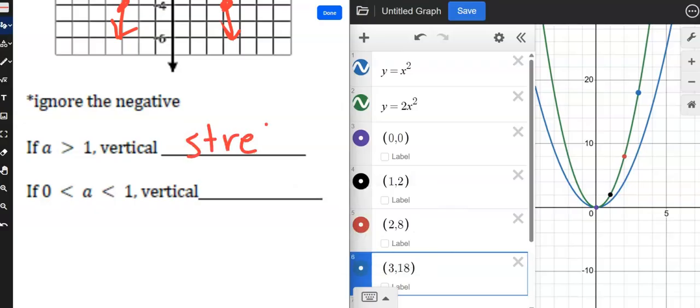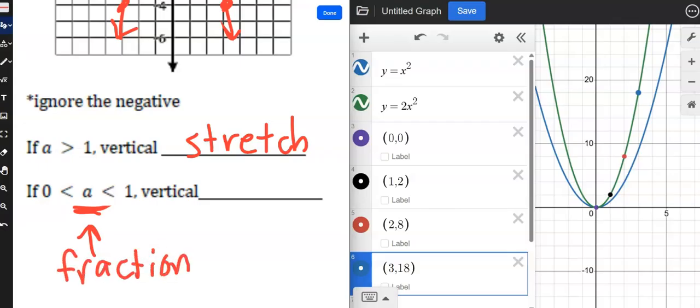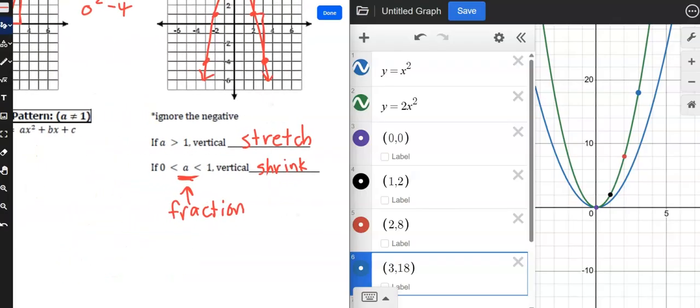If a is bigger than 1, we call it a vertical stretch. If a is a fraction, then we call it a vertical shrink, because we're making the y values smaller. When we make the y values smaller, it becomes a vertical shrink.